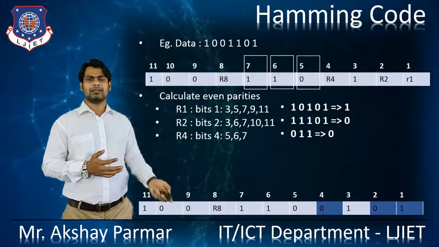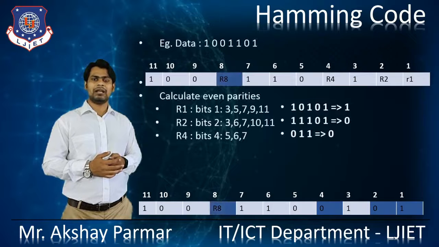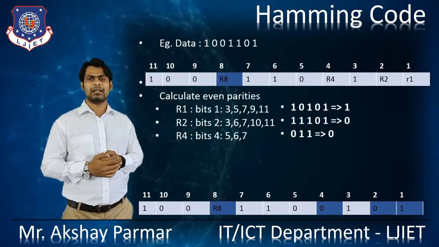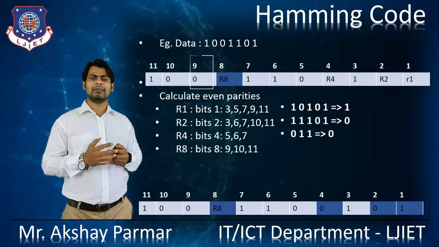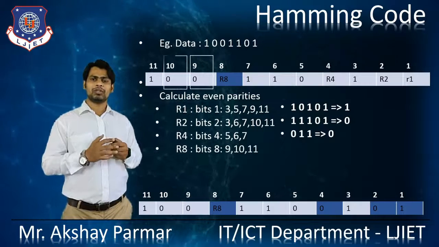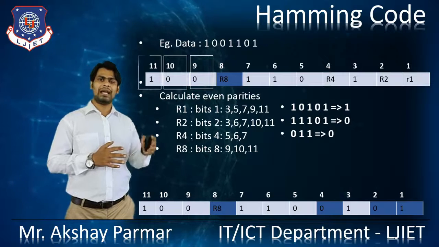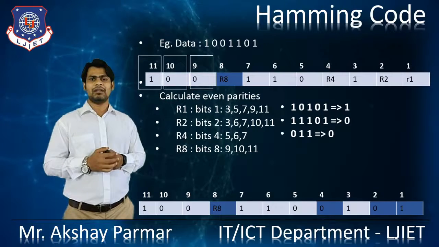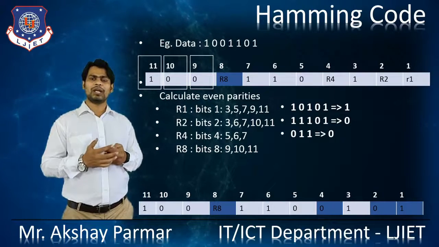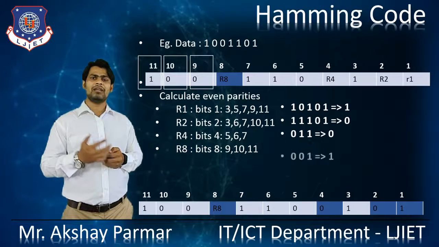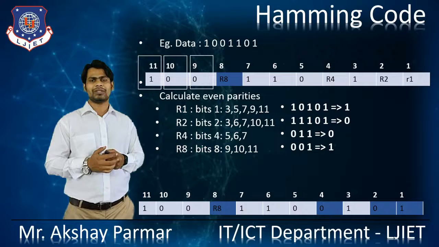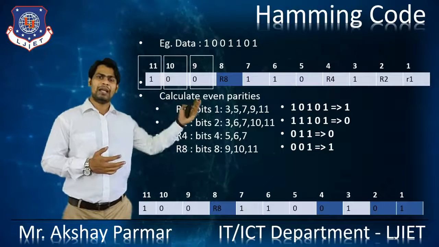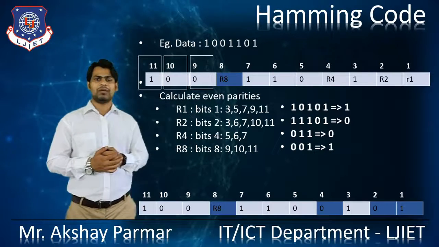Let's select the last redundant bit, R8. How are we selecting the redundant bit R8? For that, we are selecting the data positions 9, 10 and 11, right? So what values are stored at those positions? Those are 0, 1, 1, stored at positions 9, 10 and 11 respectively.